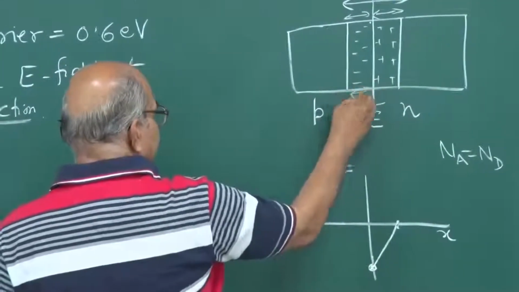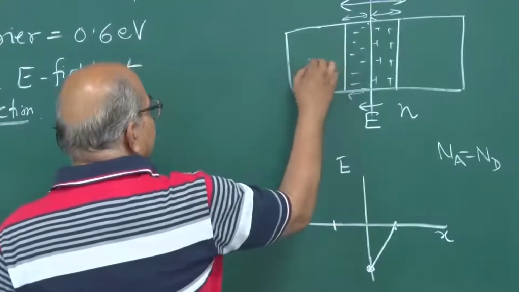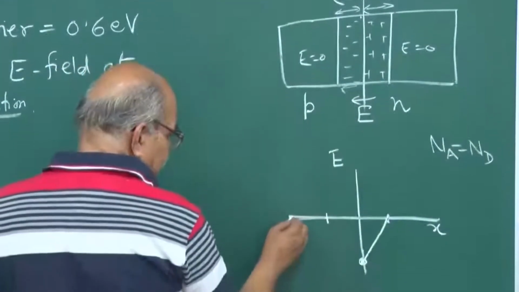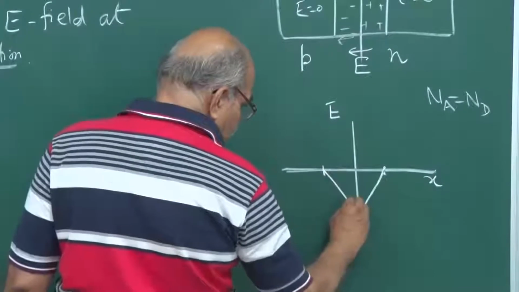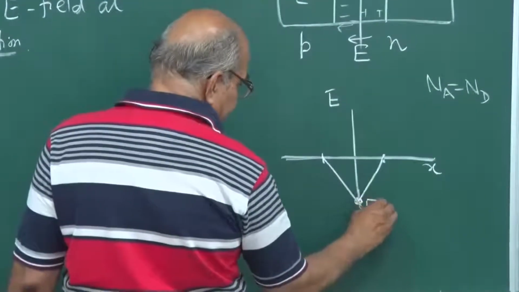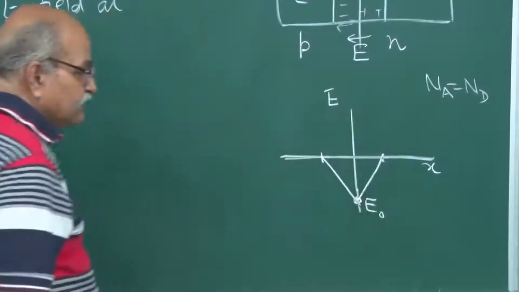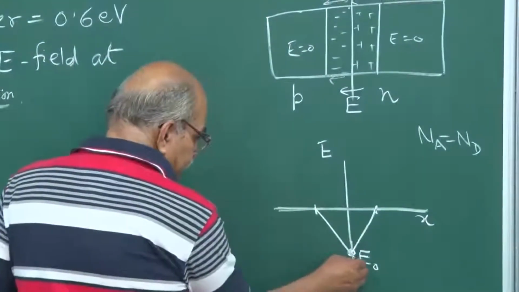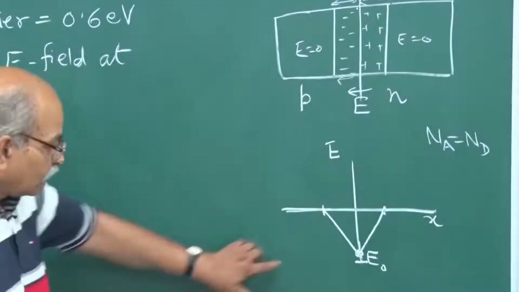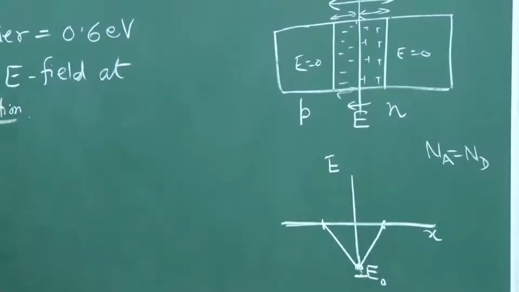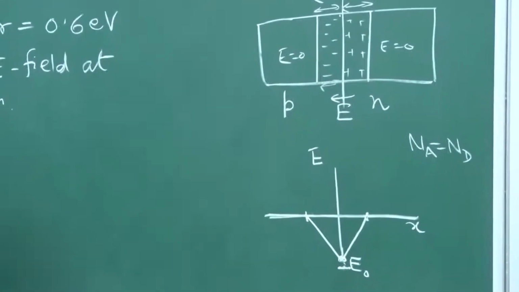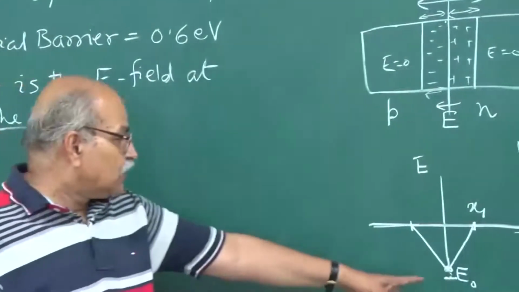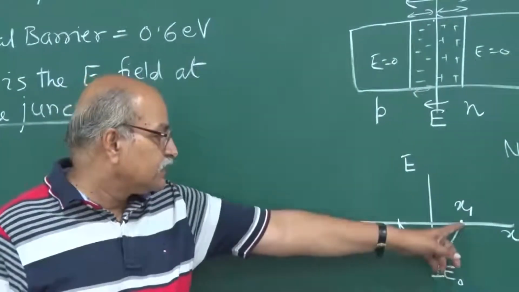The electric field is still in the same direction, so it is negative, and here the electric field is 0 beyond the depletion layer. So here it is all 0, and this is also linear, and this is, let us say, E naught, or you can call it minus E naught if you so wish. Let me call this x1. So what equation can I write for the electric field here?